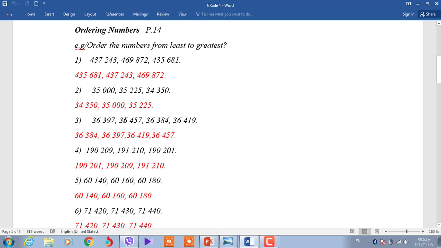Solve example 3, say 36,397, 36,457, 36,384, 36,419. Because we have 3 in 10,000 and 6 in 10,000, 6 also. 3 in 100, 4 in 100, 3 in 100, 4 in 100.